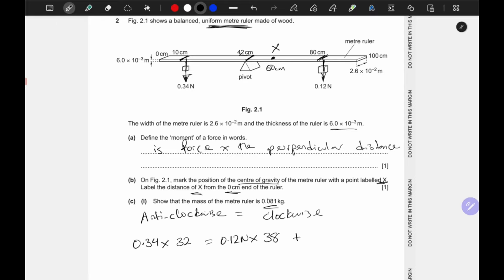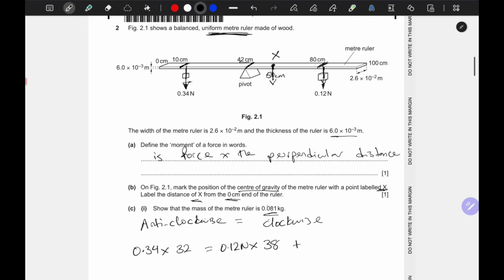But also, we have the center of mass of the ruler, which is at the 50 centimeters. The center of mass is where the mass of the object acts. Now we don't know the mass of the ruler, so we have to prove it.